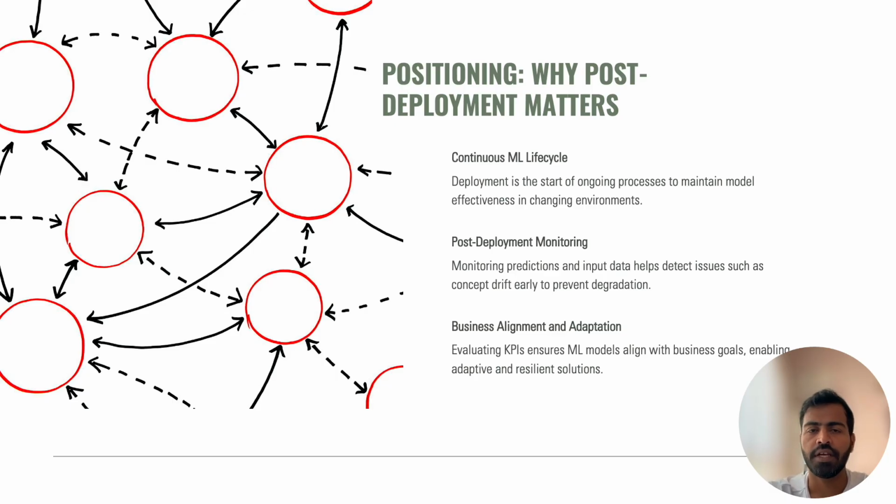For instance, an e-commerce recommendation model may perform well initially, but degrade as seasonal trends or customer preferences shift. Without proactive monitoring and maintenance, such degradation can silently harm business outcomes.